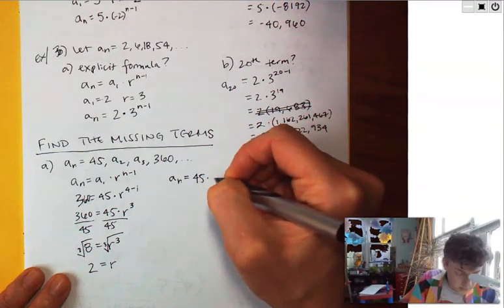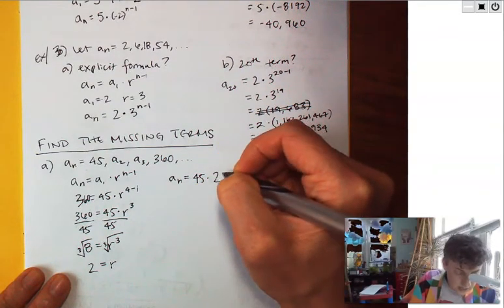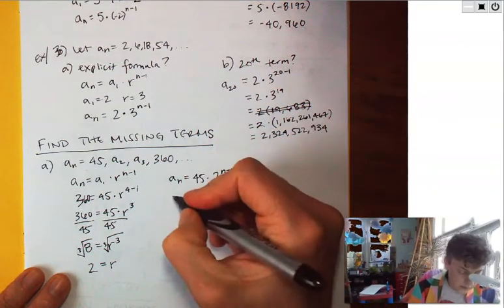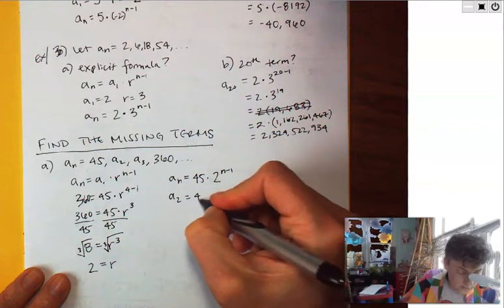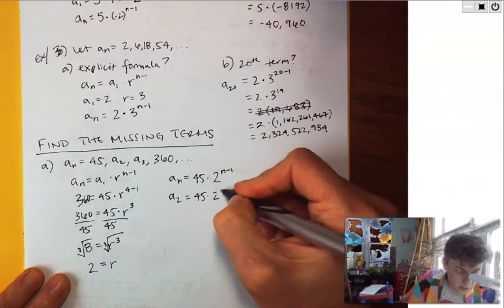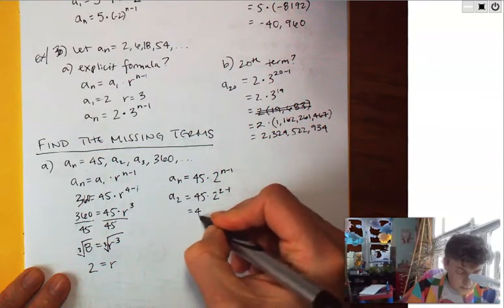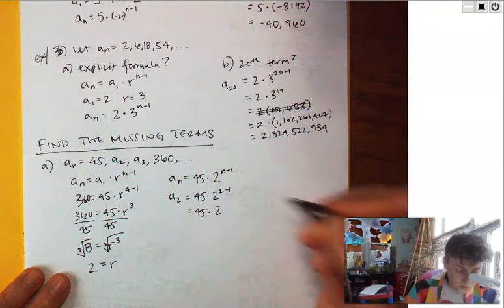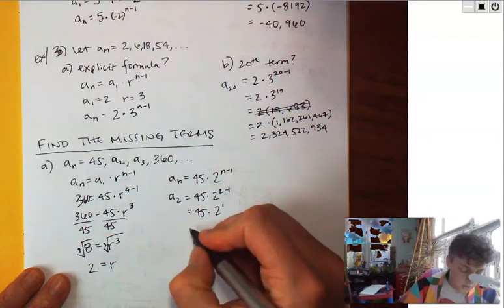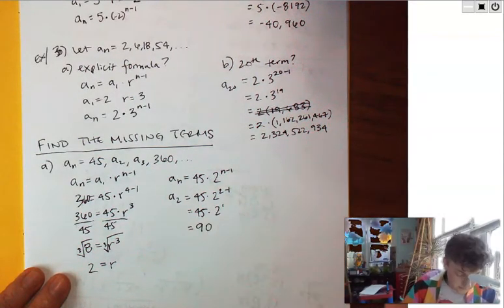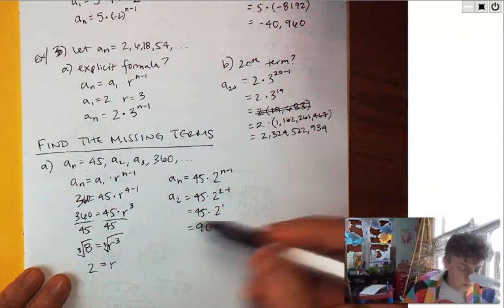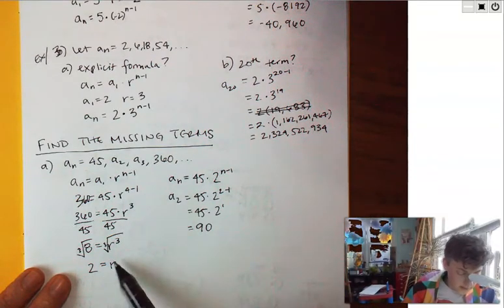Alright, cool. So now we have our general formula, which says a sub n equals a1, which was 45, times 2 to the n minus 1. And we need a2. So we do 45 times 2 to the 2 minus 1, which is 45 times 2 to the 1, which is just 2. 45 times 2 is 90. Oh! Or we could have used the fact that we know r is 2, couldn't we?